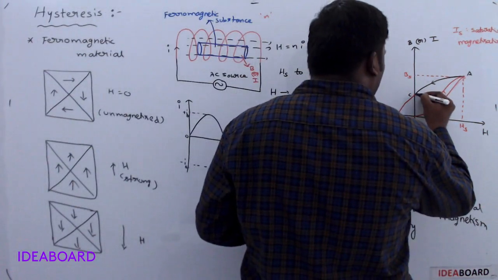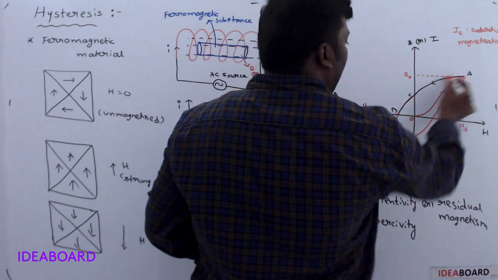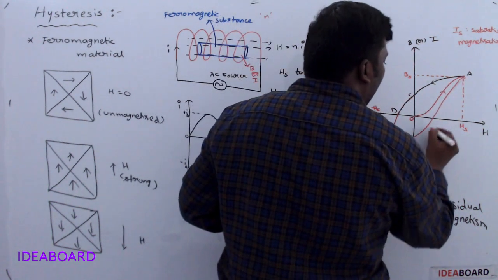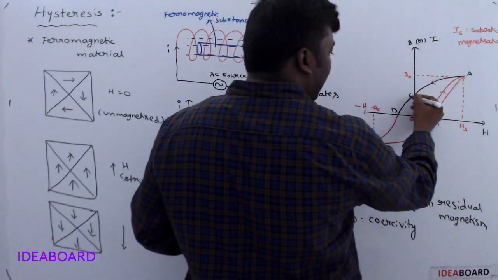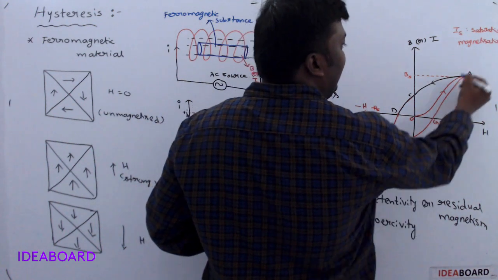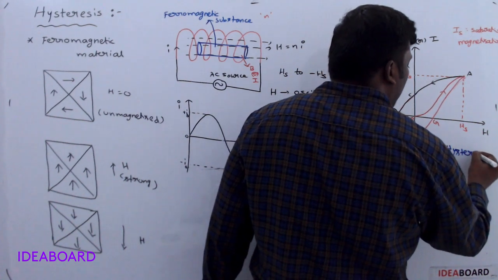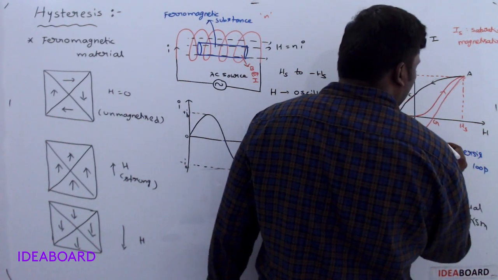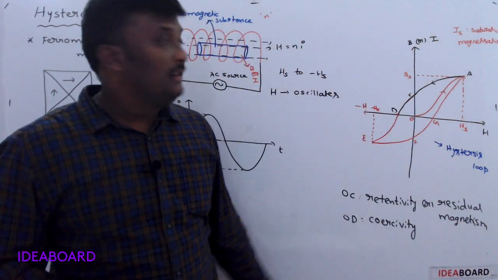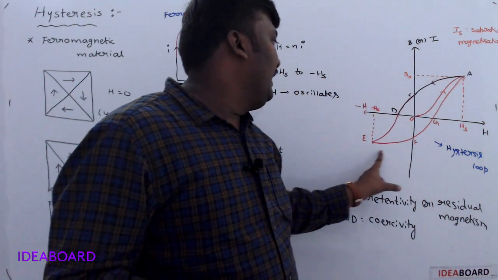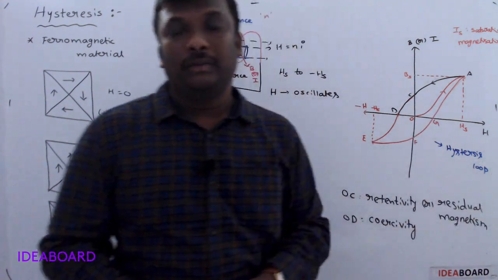So here A, C, D, E, F, G. The loop A, C, D, E, F, G, A is called the hysteresis loop. Understand? This loop is named the hysteresis loop.